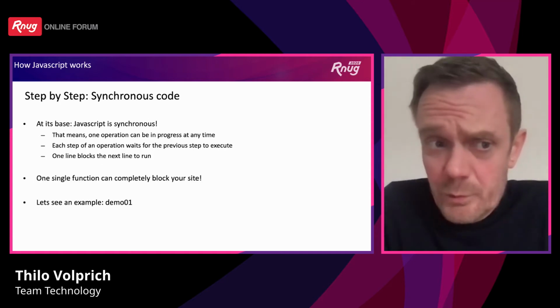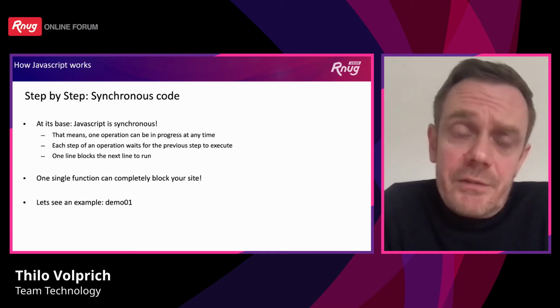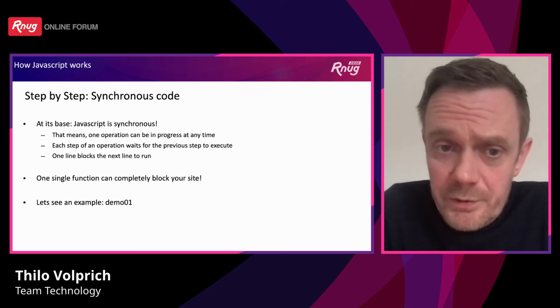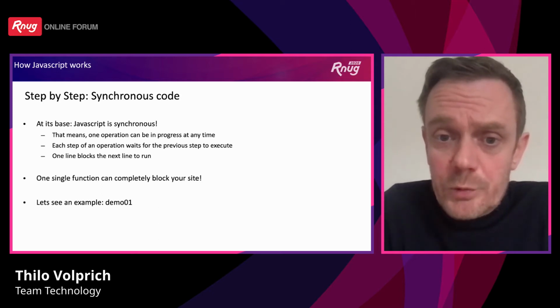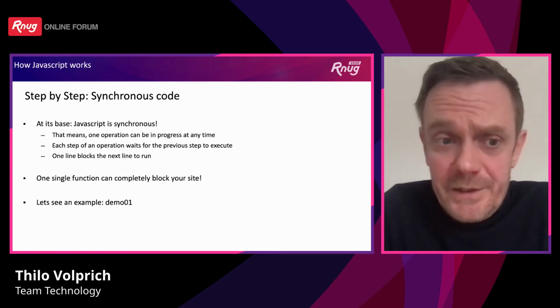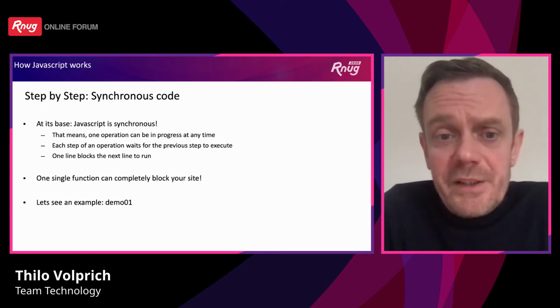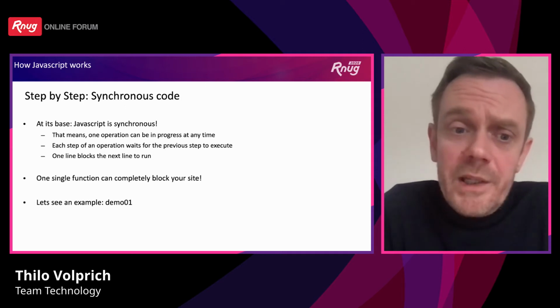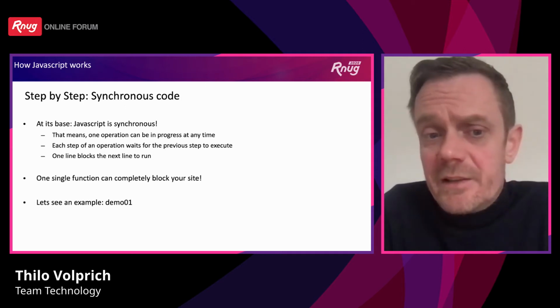Synchronous code. What does this mean? JavaScript at its base is synchronous. That means one operation can be in progress at any time. Not two, not more, just one. Each step of an operation waits for the previous step to execute. One line blocks the next line from running.